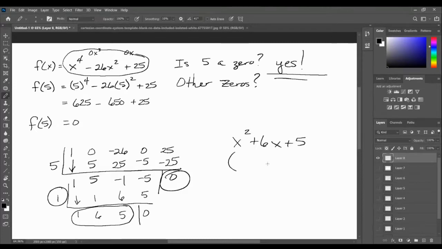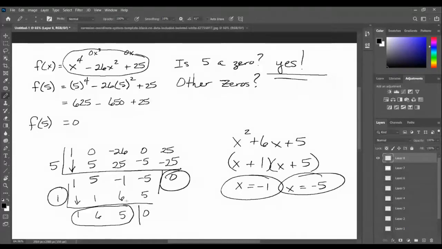And I can factor that bad boy, which I believe is the technical term. Just like that. And x equals negative 1, x equals negative 5. I have the other zeros. I've got all 4 zeros. And I can't get that by just plugging a number in.